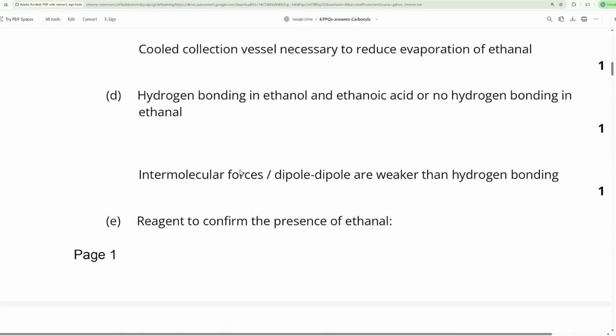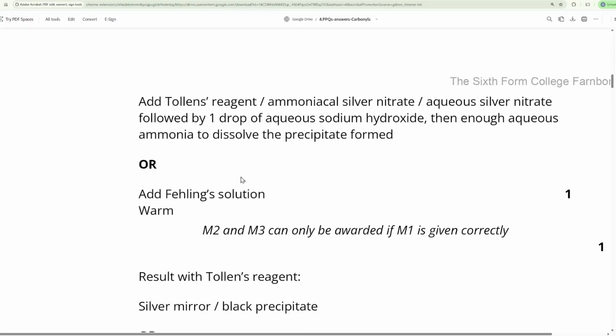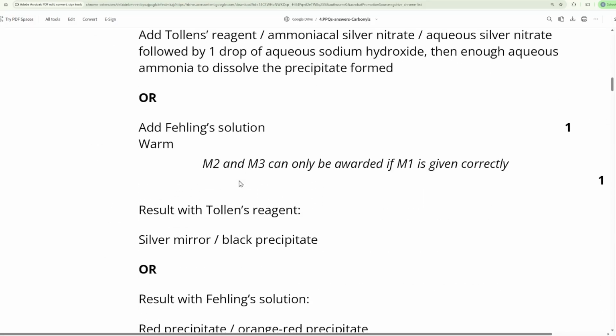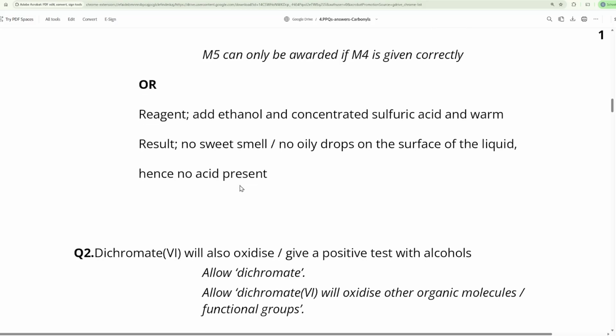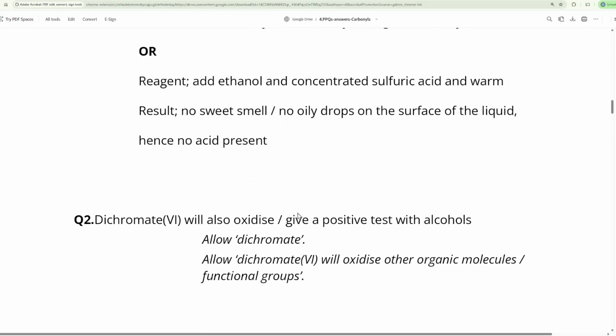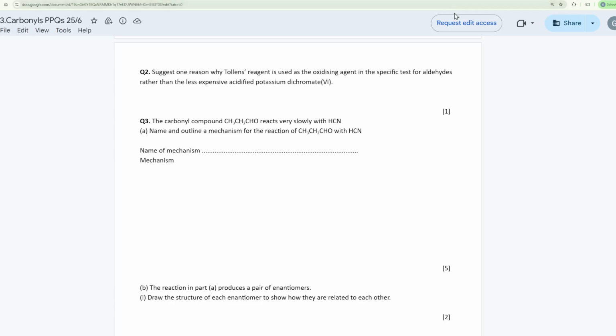I'm on question 2 now. It will also oxidize alcohols. Ah, that's it. Okay, well, 0 marks on that one as well.